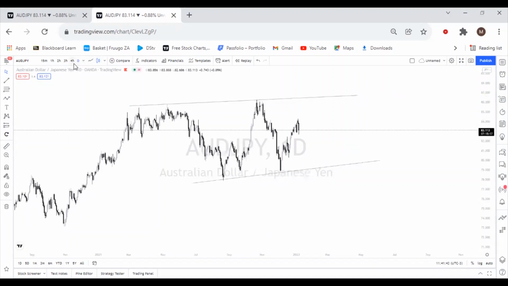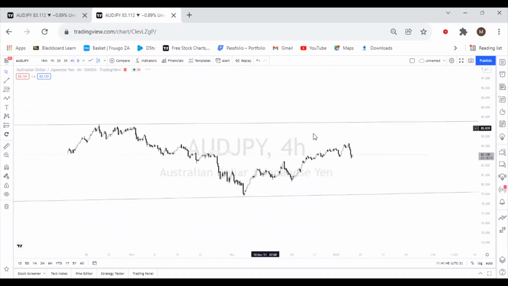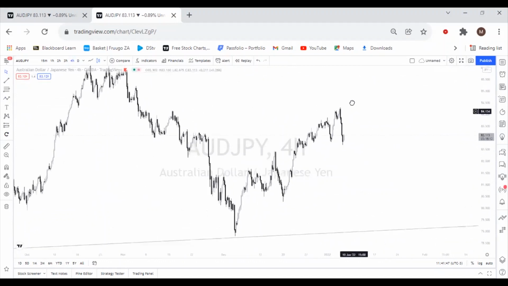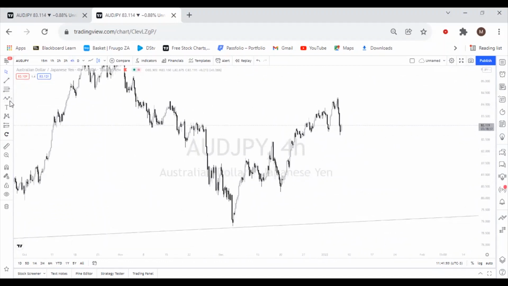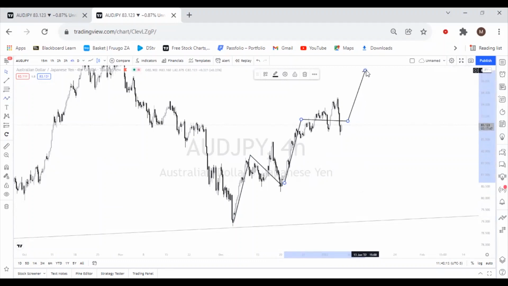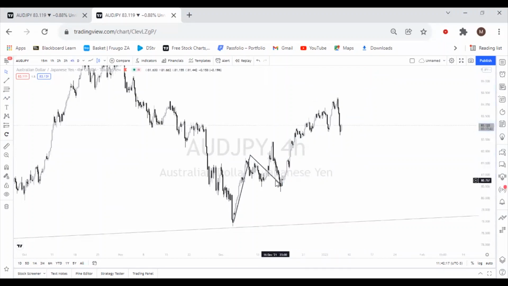So now we can scale down to 4 hours and see what we could have. Here we had a bunch of impulses. This was the first impulse, then you had your correction, then you had a huge impulse to the upside, right? As you can see now we have this, and we're expecting movement to the upside.